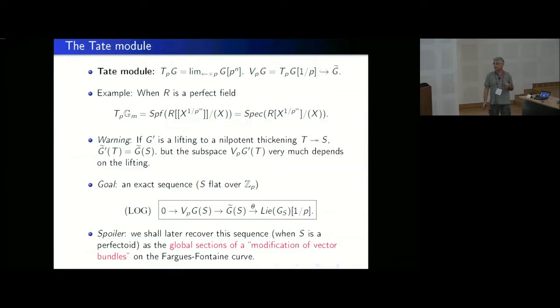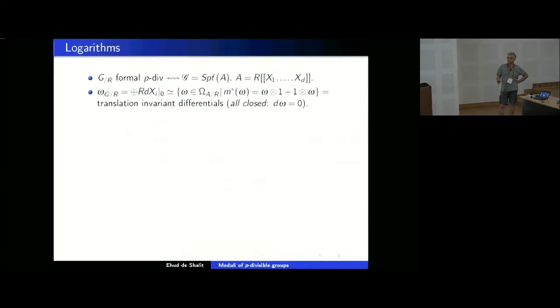But we want to define it here in the context of formal groups. It can be done. The surjectivity of this logarithm map will be an issue that will be solved when S is, for example, O_C, but in general, let's leave it as it is. It's not always surjective.